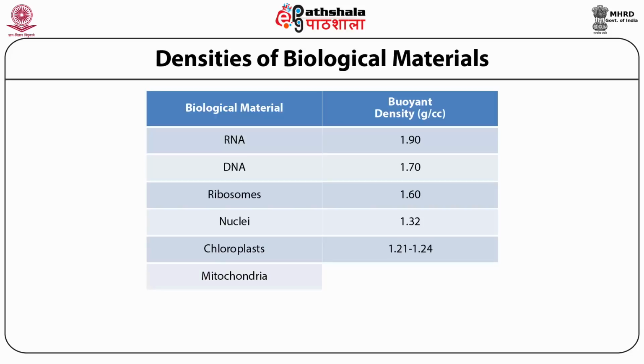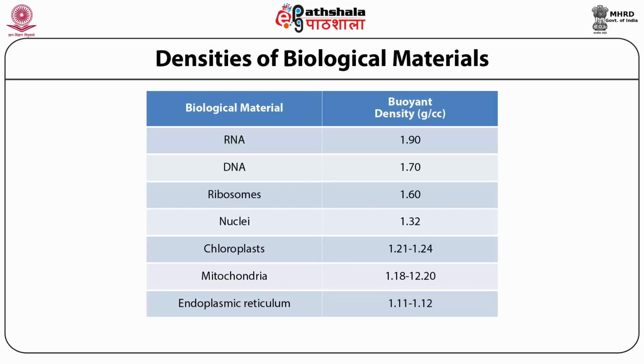Then the mitochondria is from 1.18 to 1.20. Endoplasmic reticulum is 1.11 to 1.12, and the lipid body has a very low density, 0.96. These are the values used for the measurement of the buoyant density, and on the basis of this density, molecules get separated during differential centrifugation.